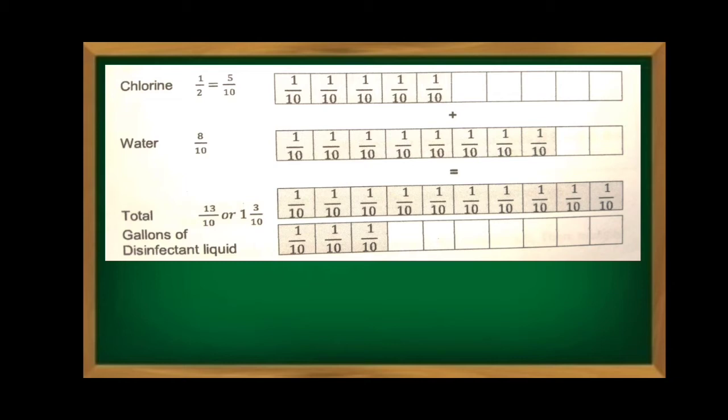Since we now have the same denominator, we are going to add the two, which is 5/10 plus 8/10. So the total is 13/10, or we will make this into a mixed number since the answer is an improper fraction. So the answer is 1 and 3/10 gallons of disinfectant liquid.